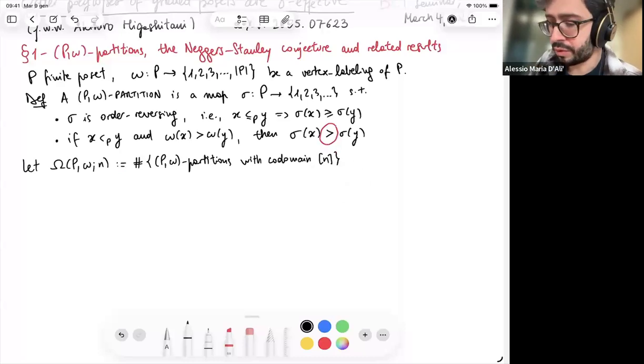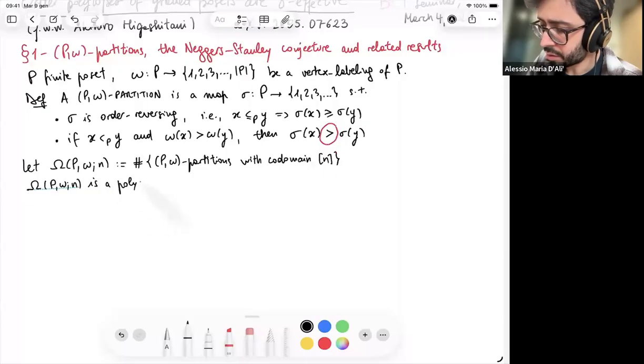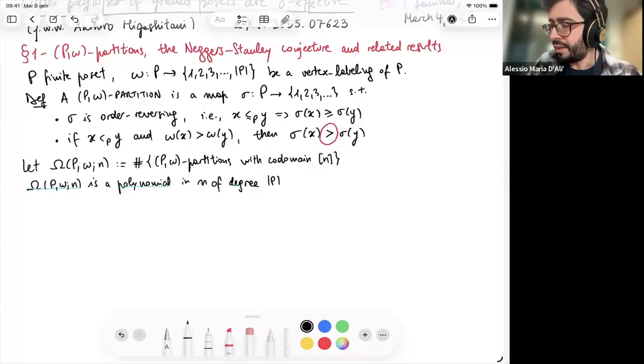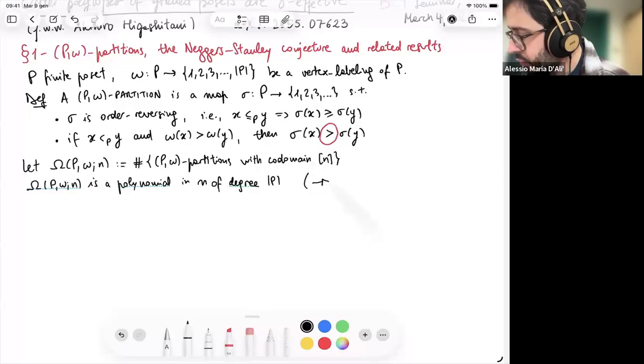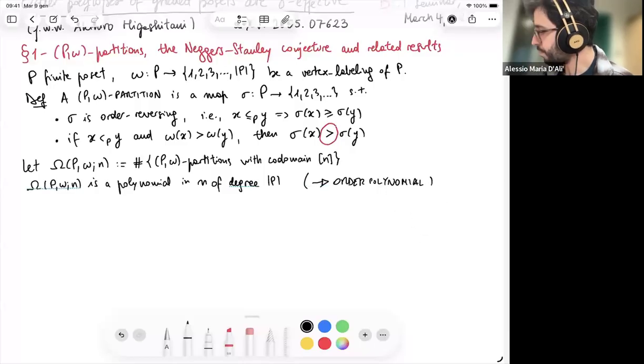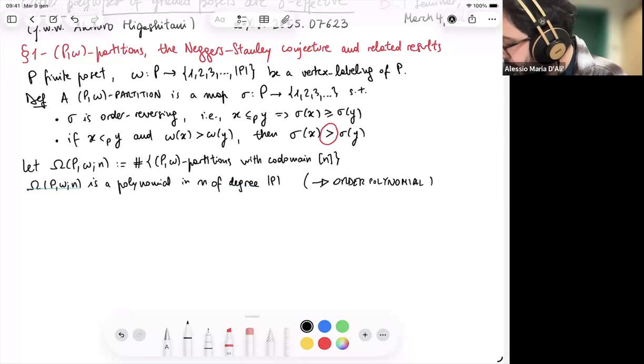Okay, and it can be proved that this thing is a polynomial in n of degree the cardinality of the poset. And this is what is known as the order polynomial of P and omega.